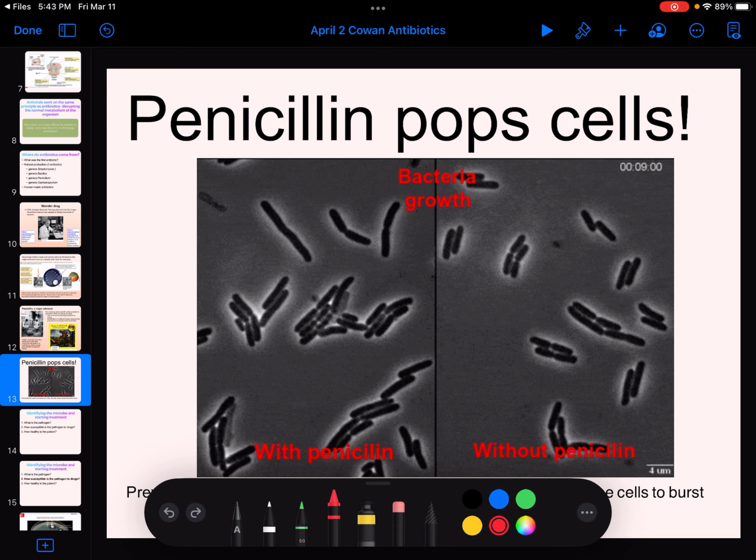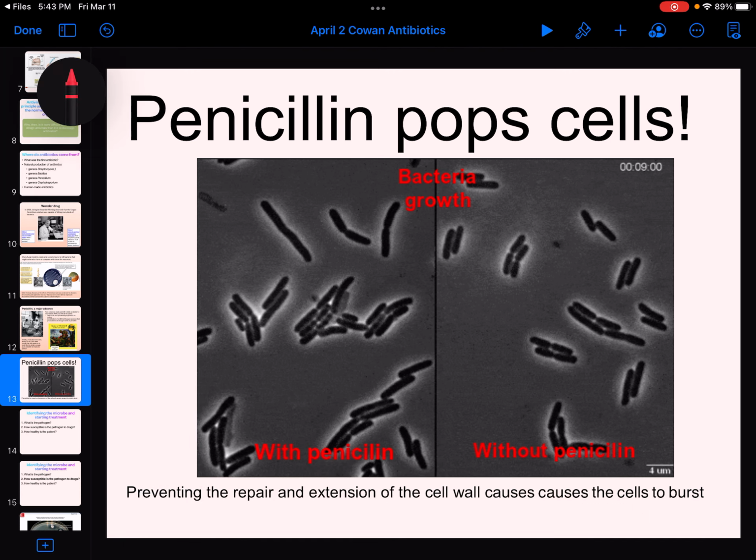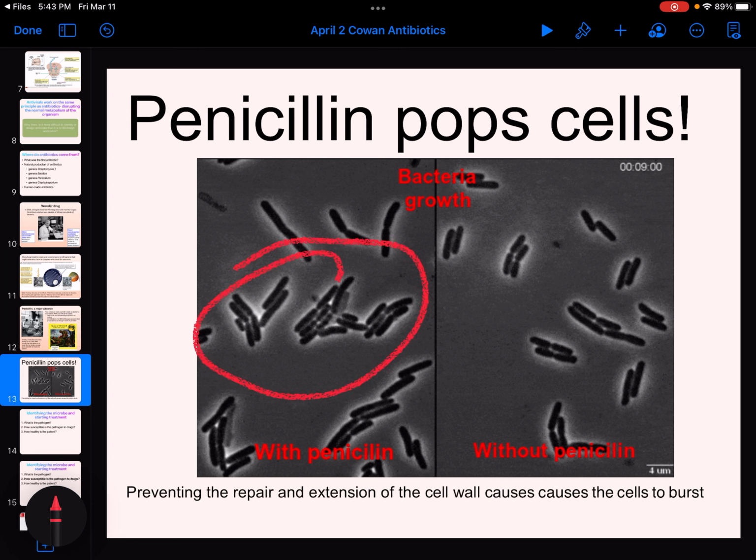I'm trying to get rid of this, okay? And you're going to want to focus on a particular cell. We already know how cells look when they divide. That's on the left side, the left side is with penicillin.